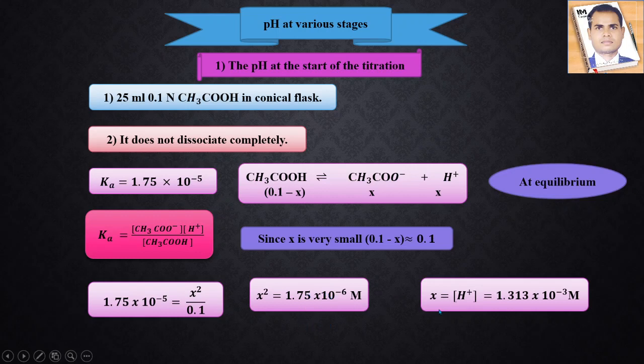Next we calculate the concentration of H plus ions, that is 1.313 into 10 raised to minus 3 molar. From this value you calculate the pH, and that is 2.88. So without addition of base into the acetic acid, at the start of the titration, the pH is 2.88, right?